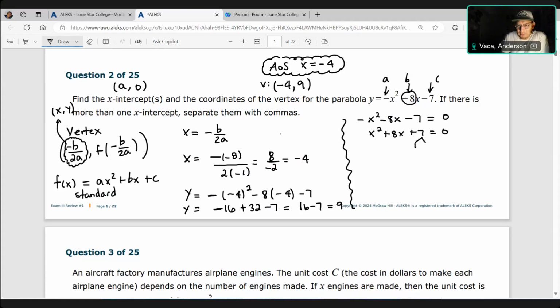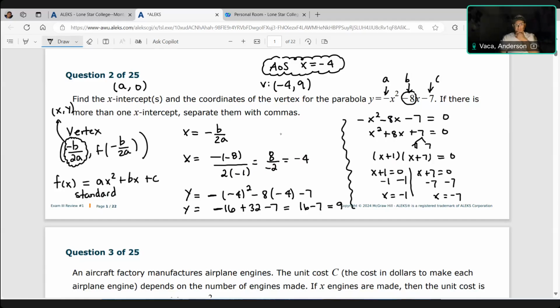That will be 1 and 7, and 1 and 7 add up to 8, so we have (x plus 1)(x plus 7) equal to 0. Then x plus 1 is equal to 0, and x plus 7 is equal to 0, so x is equal to negative 1, and x is equal to negative 7.